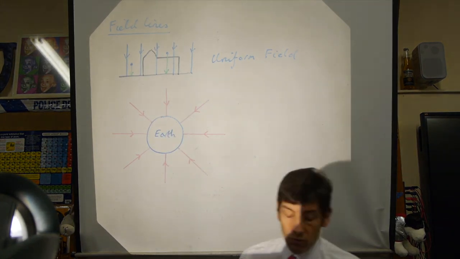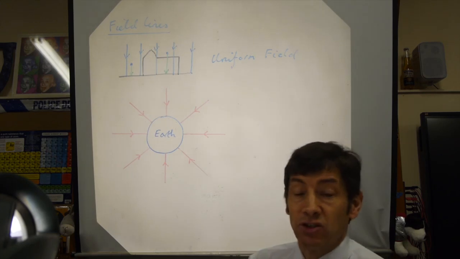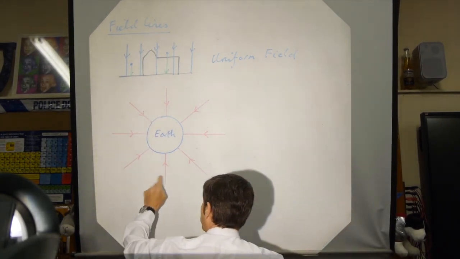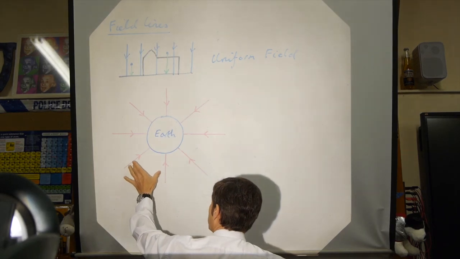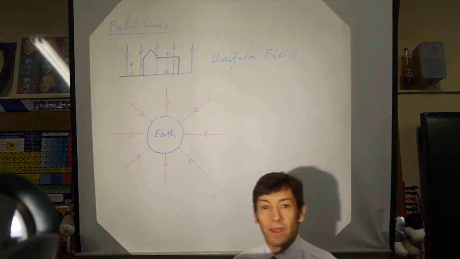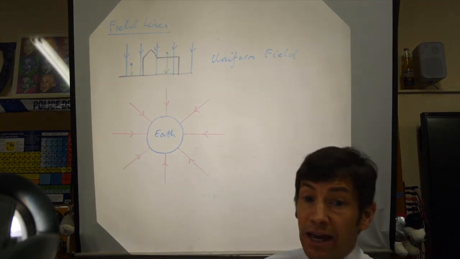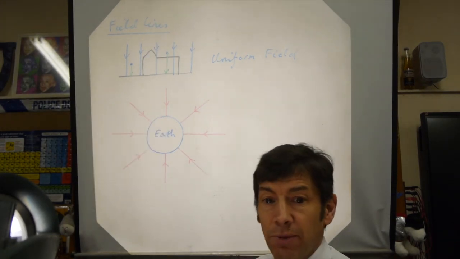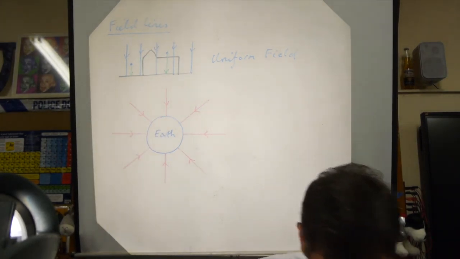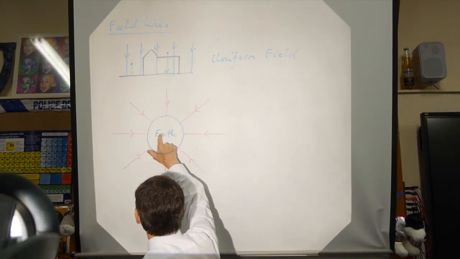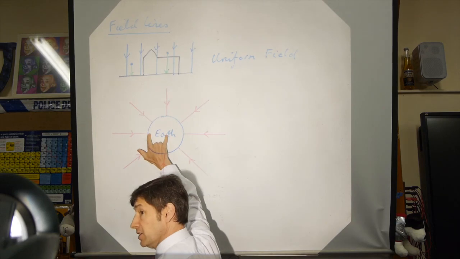So we know field lines have a direction. We know we must draw the direction on, and we know that as they bunch up, as we get more field lines closer together, the gravitational field is getting stronger. We know that we're going to consider these objects to be point masses, and you'll notice that from here outwards is the radius of the Earth.